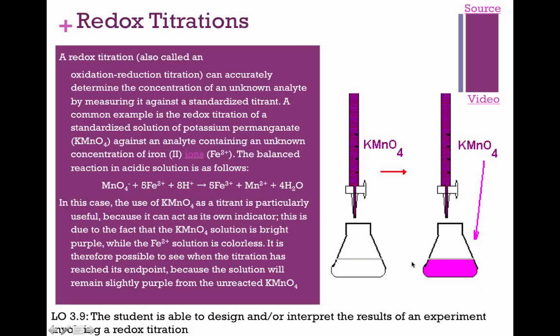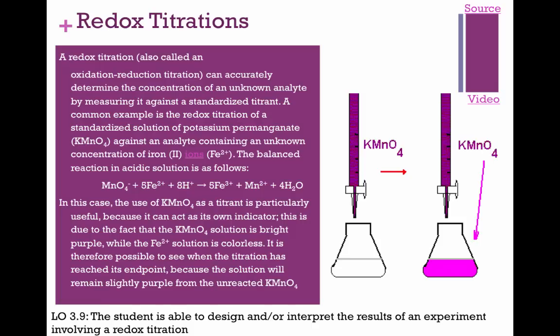The reason is that as you add potassium permanganate, the permanganate usually reduces to Mn2+, which is clear. But once you've titrated everything in here, your Mn is no longer getting reduced. Since permanganate is purple, that's why it turns your solution a pinkish purple.